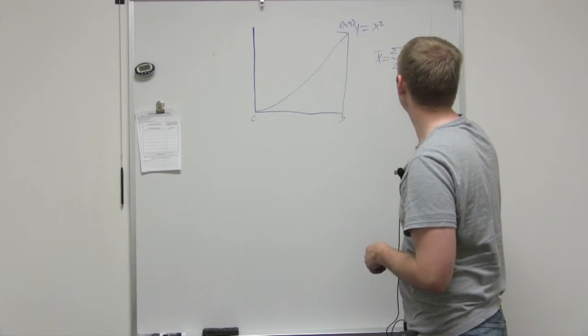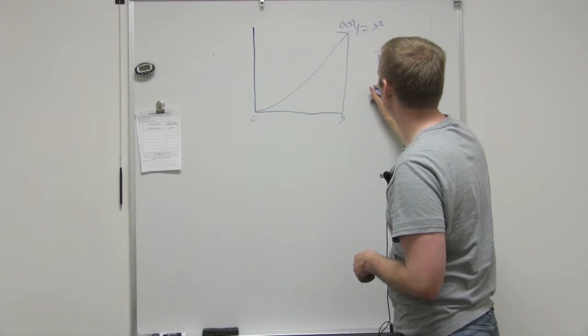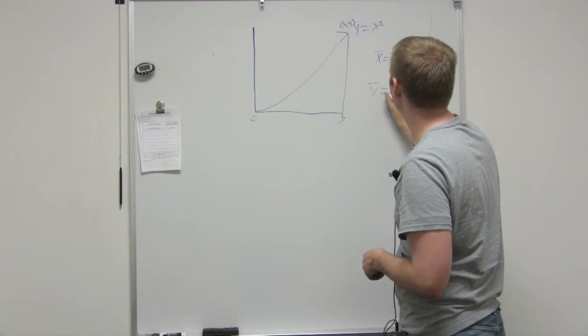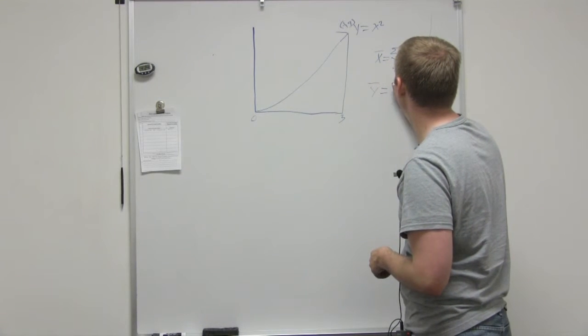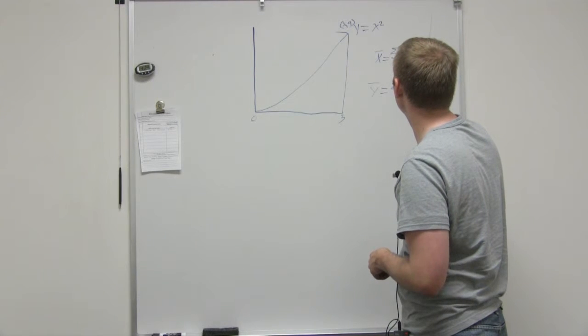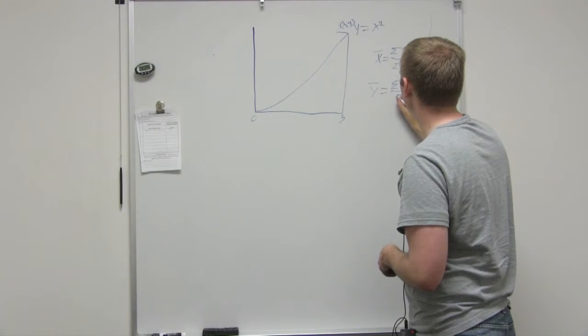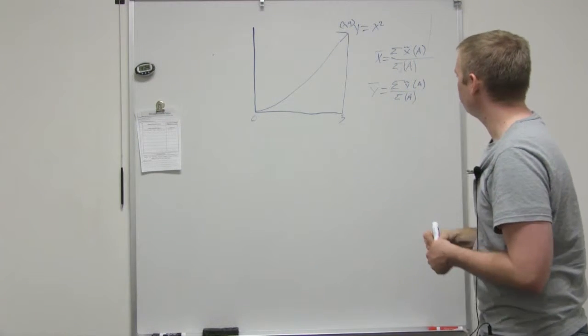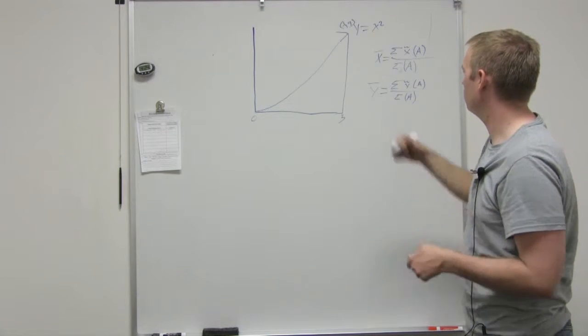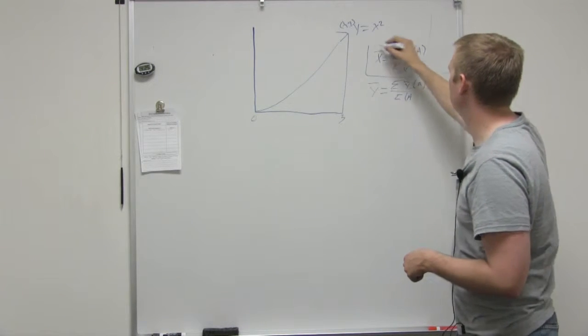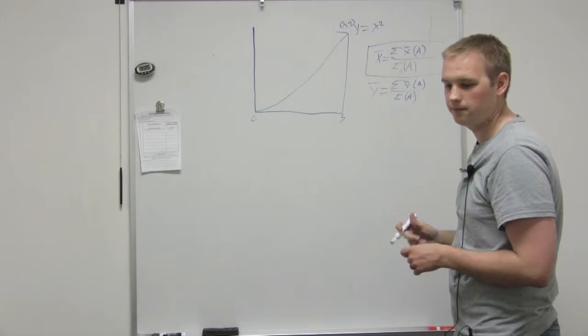And then y bar equals the sum of y tildes times your area divided by the sum of your areas. So let's just start with the x bar first.